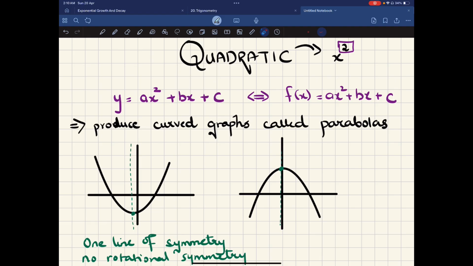Okay, so a minimum turning point is the point at the bottom of a parabola where the value of y stops decreasing and begins to increase, right? While a maximum turning point is the point at the top of the parabola where the value of y stops increasing and starts decreasing, right? And a parabola's minimum or maximum turning point is always on its line of symmetry, okay?